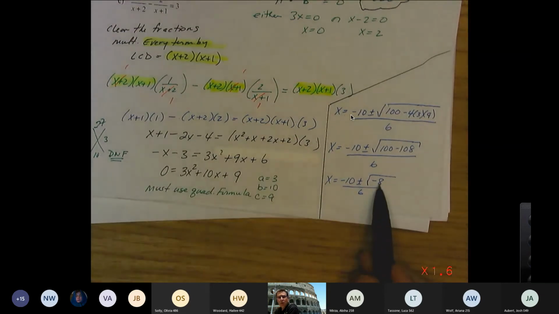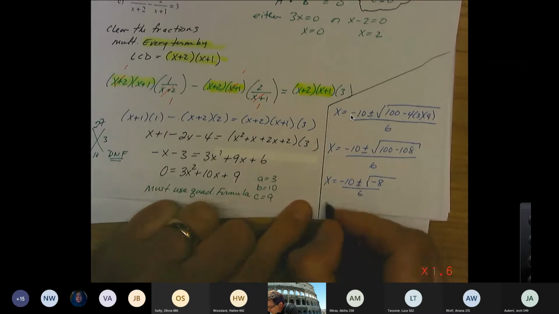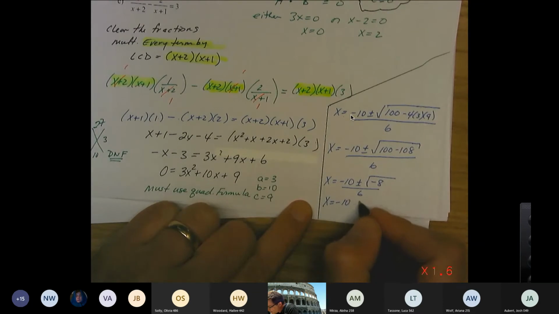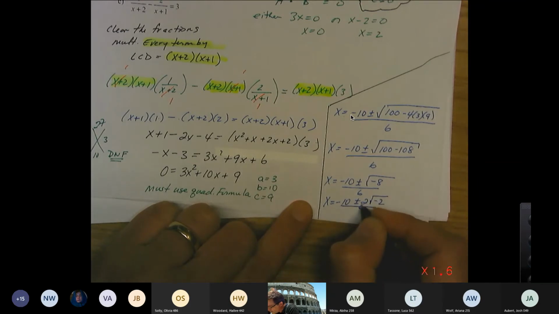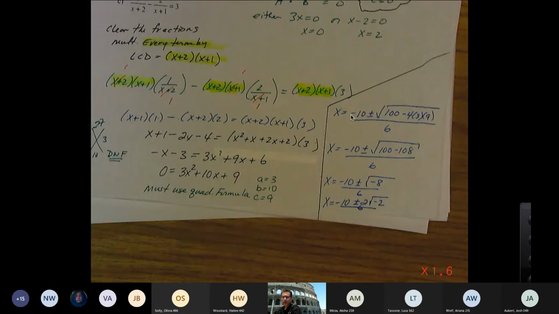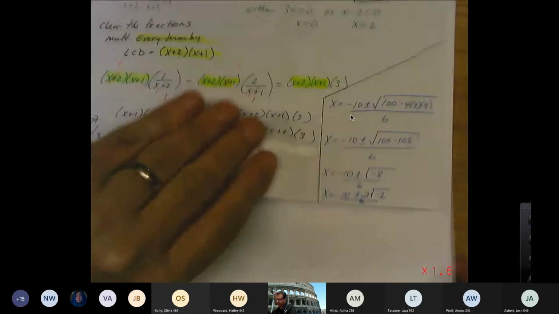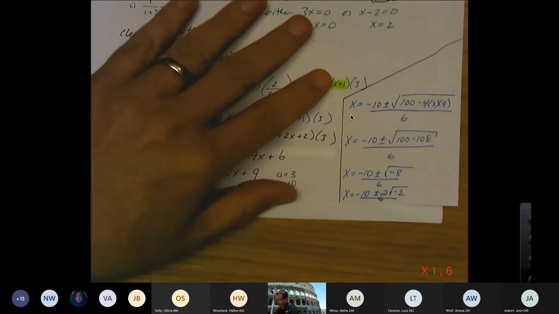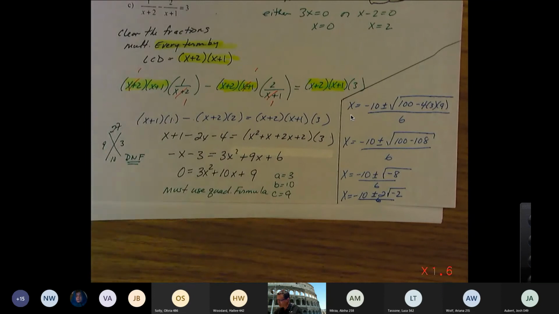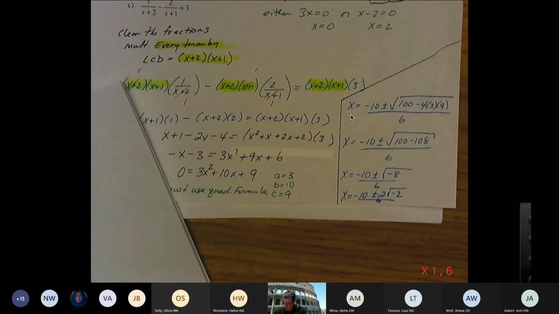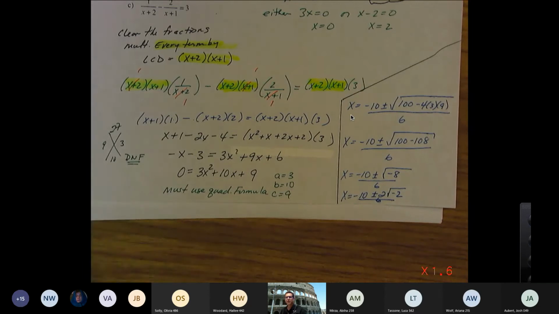Now 8 is 4 times 2, so that's going to be x equals negative 10 plus or minus 2 root negative 2 over 6. And I'm really running out of room here, so I'll put it on another piece of paper. So I was at x equals negative 10 plus or minus 2 root negative 2 over 6.